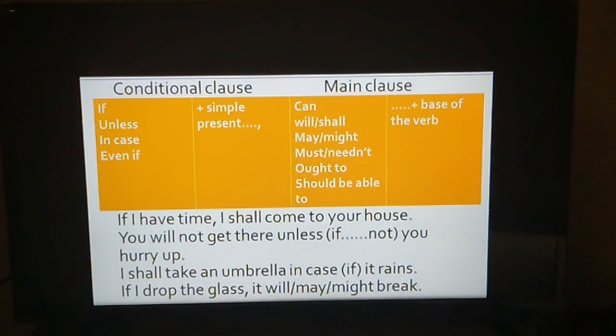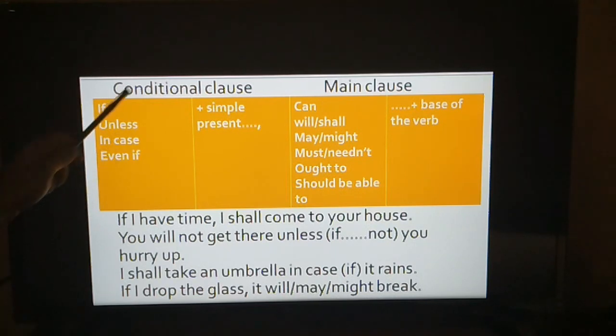So before going to the homework part, let us see the format, how to make the sentence. First the conditional clause, then the main clause. This is the way we make a type 1 conditional, open conditional clause. Open conditional sentences are made this way.